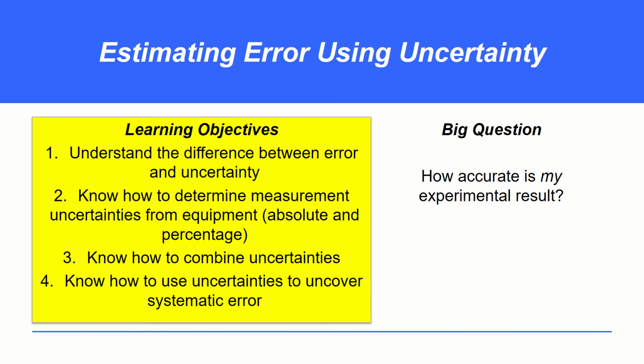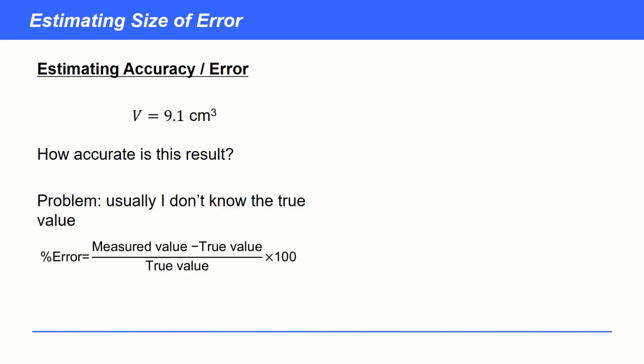So we're in this question asking, how can we work out how accurate is my experimental result? And the answer is we're going to use something known as uncertainty. So here is the problem that we're faced with. We have recorded a volume, let's say it's a titer in a titration experiment, and we want to know how accurate is that value.